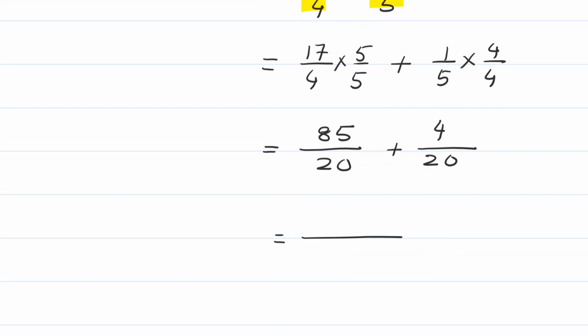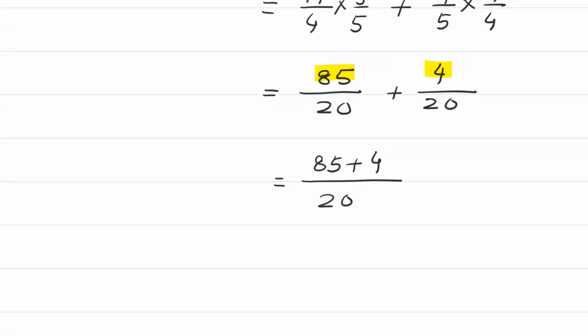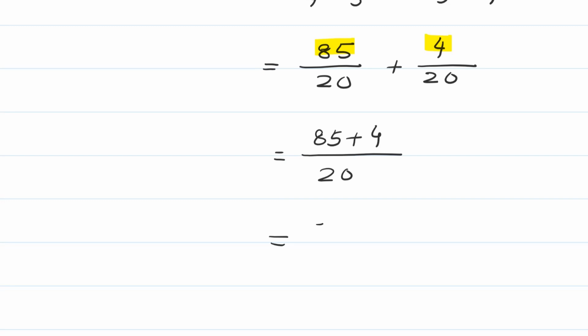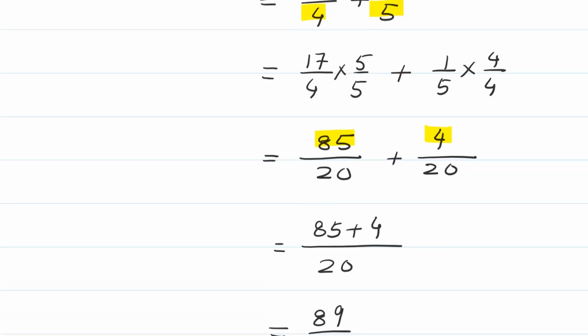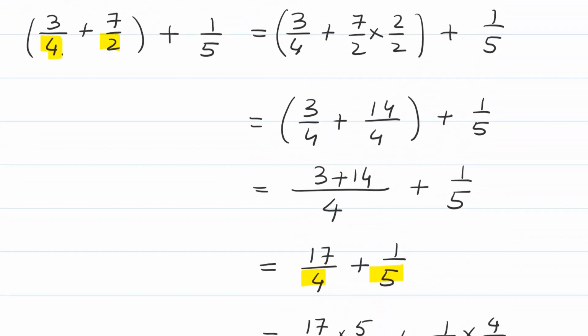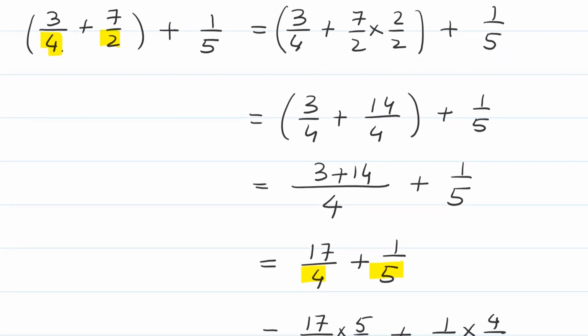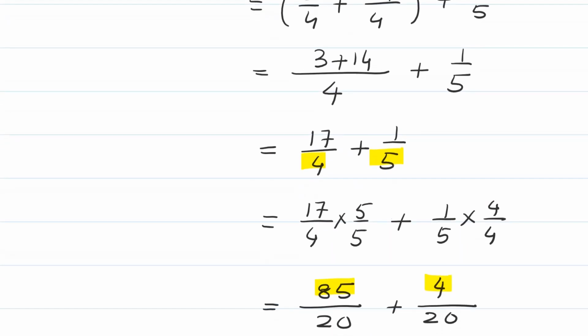When bases are equal, add terms in numerator 85 and 4. So left hand side is 3 by 4 plus 7 by 2 plus 1 by 5.